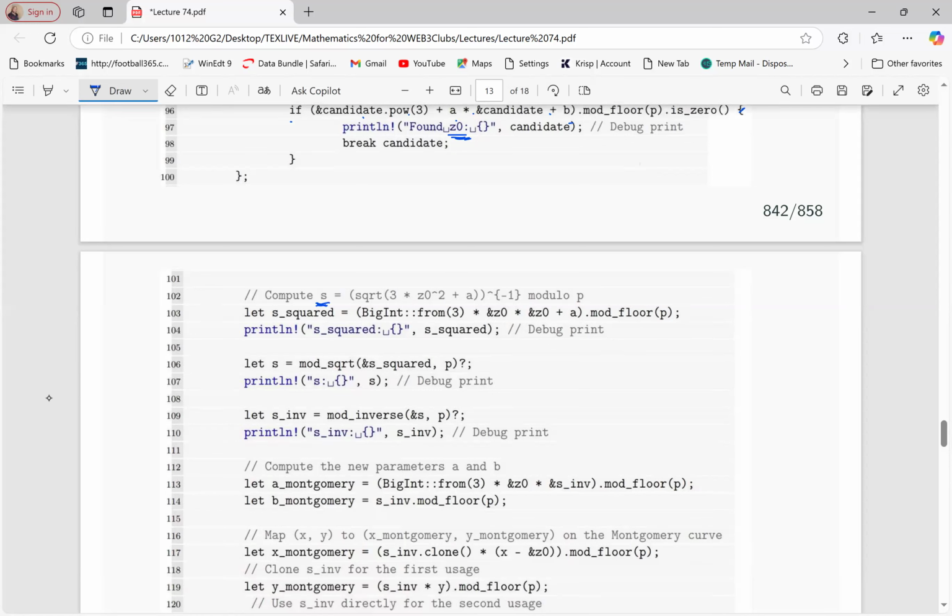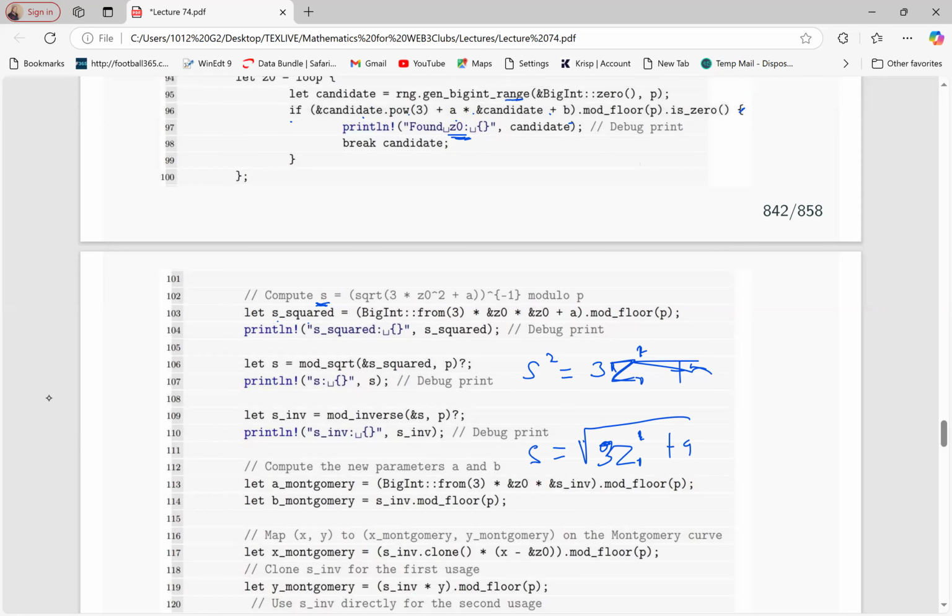So I've said let S squared be, of course it will be this, 3Z naught plus A. When you remove the square root, what we have is this, plus A. So I want to first of all leave out the inverse part.